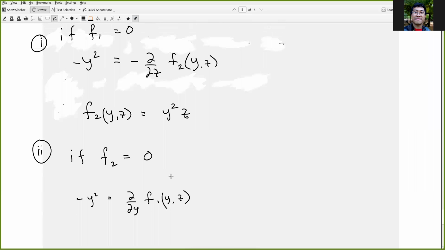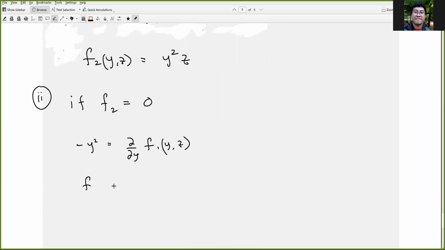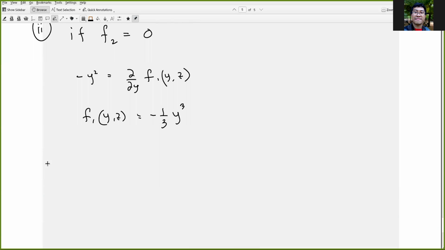Okay. So in this case, f1 is simply, so it's just a function of y. It's negative 1/3 y cubed. Okay, so if f2 is this, you have negative 1/3 y cubed.